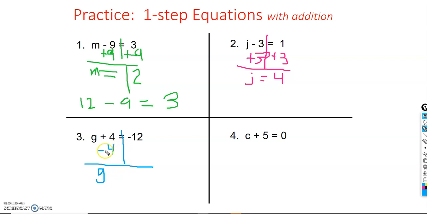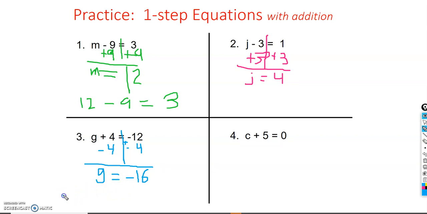Since I subtracted 4 on this side, I will subtract it on this side. So if I have a negative and a negative, I'm just making more negatives, right? 12 plus 4 is 16. So now I have a negative 16. And I need an equal sign.